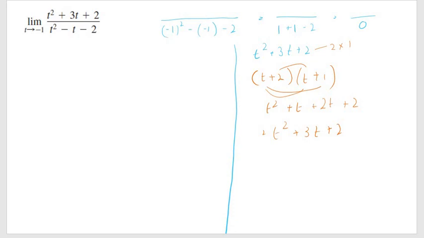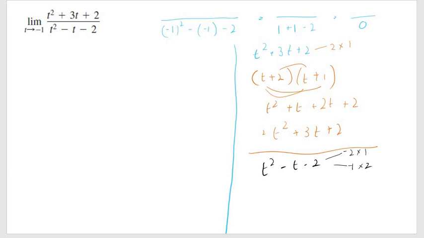Let's look at the denominator now. We will use a different color for the denominator. So the denominator is t squared minus t minus 2. And we will factorize minus 2. Minus 2 can be written as minus 2 times 1 or 1 times minus 1 times 2. They both give a value of minus 2.